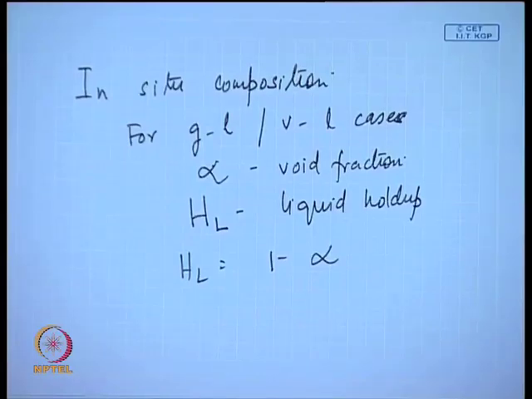Okay. Very frequently we would prefer to use liquid holdup instead of void fraction to specify the composition of the two phases. Why? Because suppose we have a liquid solid flow, we can use H_L to specify the liquid holdup. If we have a liquid liquid flow, we can use H_L to specify the holdup or the composition or the fraction of the heavier liquid there.